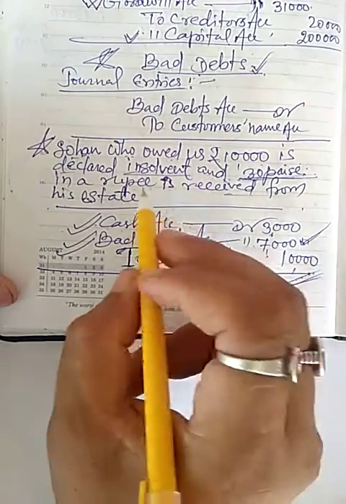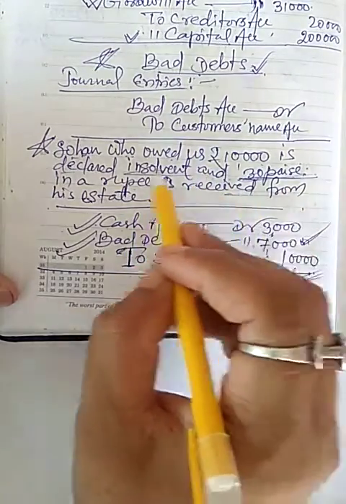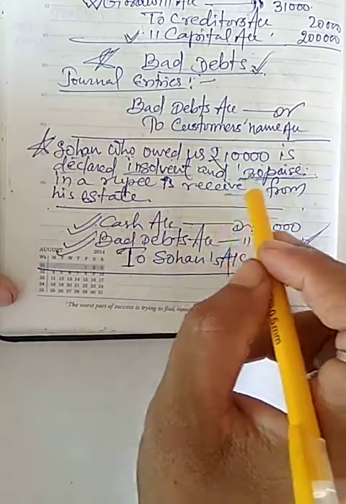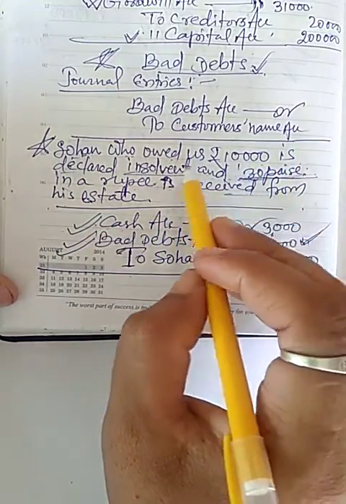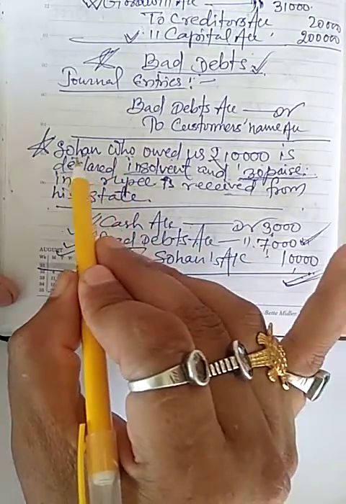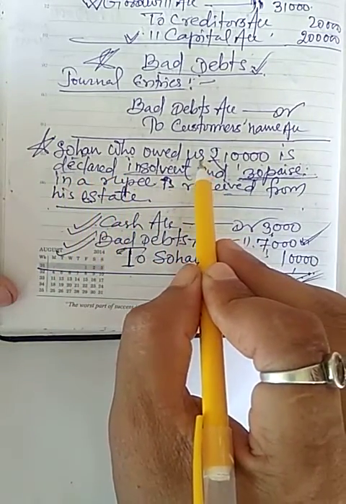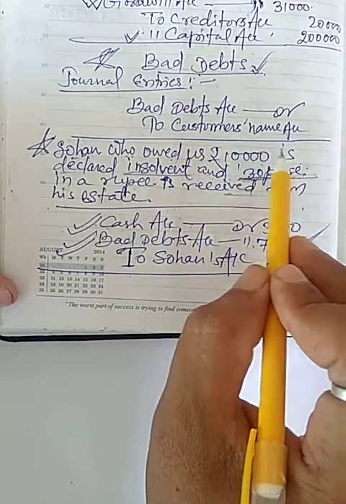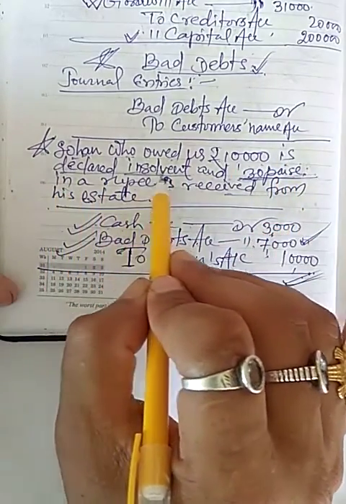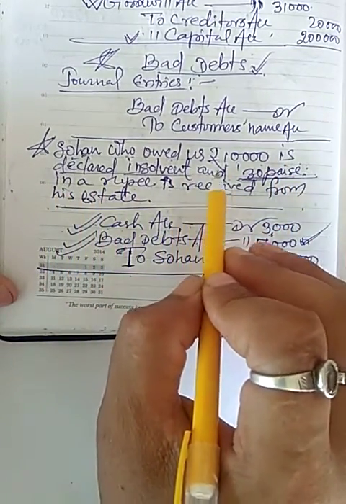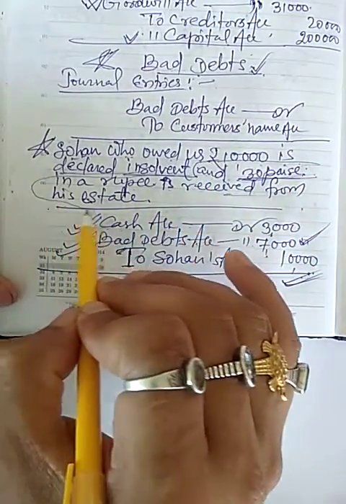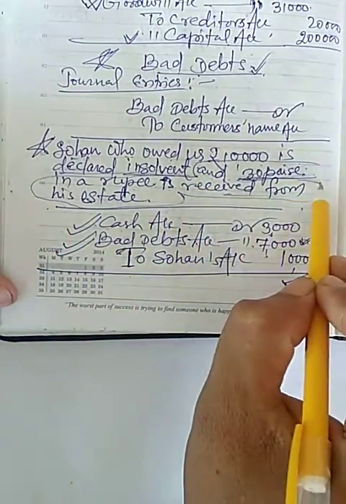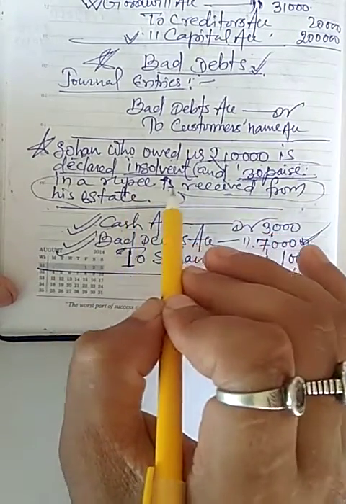Now see, when the total amount is irrecoverable, and the question says someone who owed us rupees 10,000 is declared insolvent and this statement is not given in the question, then it will be more simple.